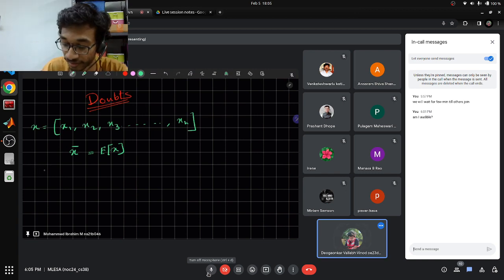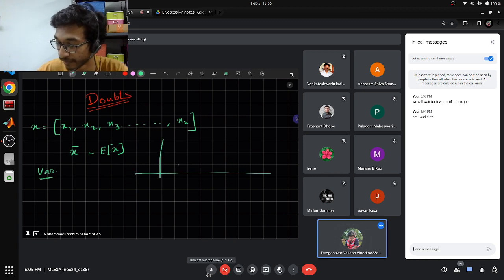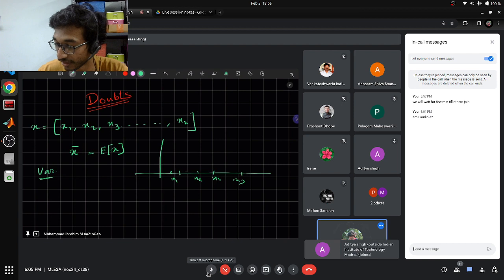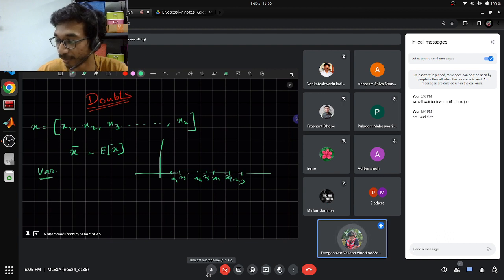And the variance is essentially, now let's say you have plotted all these x values. There is a mean value and you are just putting down these x values where they are. So maybe x1 is here, x2 is here, x3 somewhere here, and so on. All of these data are just some numbers spread along this.